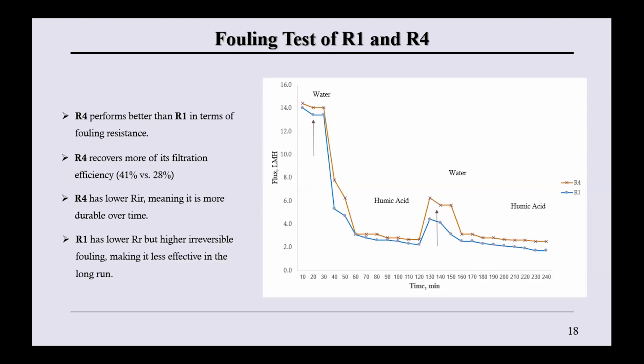So we can conclude that the incorporation of silicon nanoparticles in the cellulose acetate polymer solution can improve the efficiency of the membrane and give the best rejection of salts.